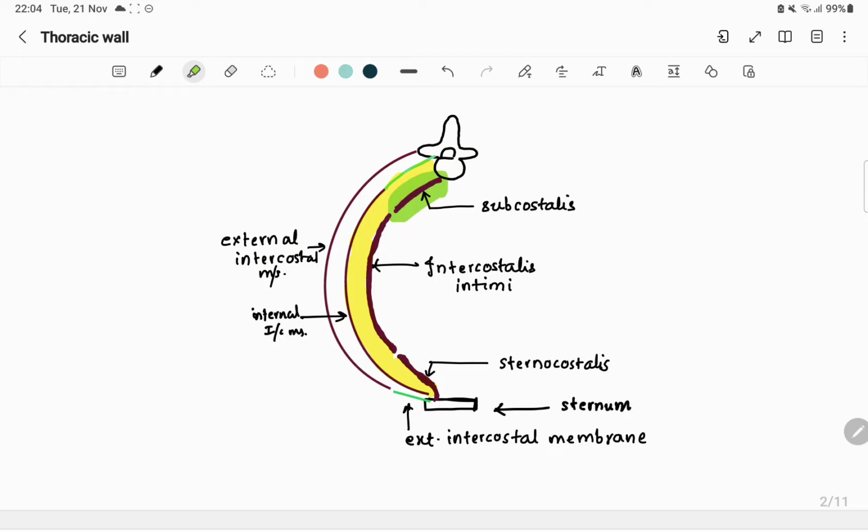So you have three parts: subcostalis, intercostalis intimae, and sternocostalis. These three parts are basically making up your innermost intercostal muscle.